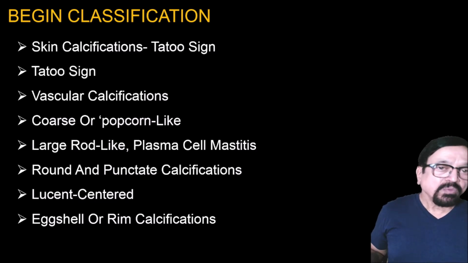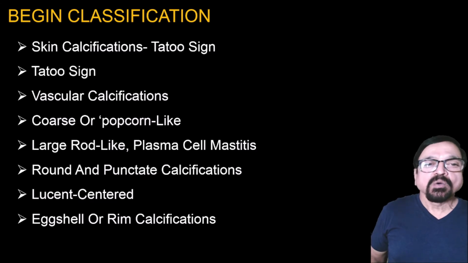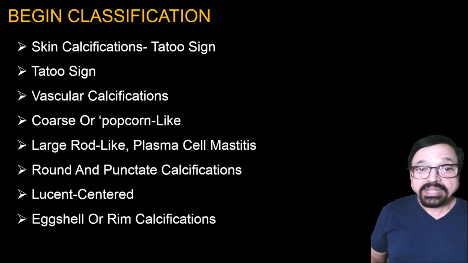Let us see what the benign calcifications are. What calcifications are called benign calcifications? Now one is the skin calcification, that is the tattoo sign. Tattoos are usually picked up by the technicians. So the technician taking the mammograms can make out there are tattoos, they make a mention of it, and it has a very characteristic tattoo sign.